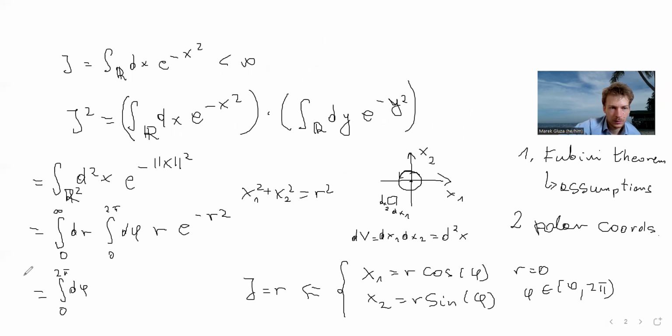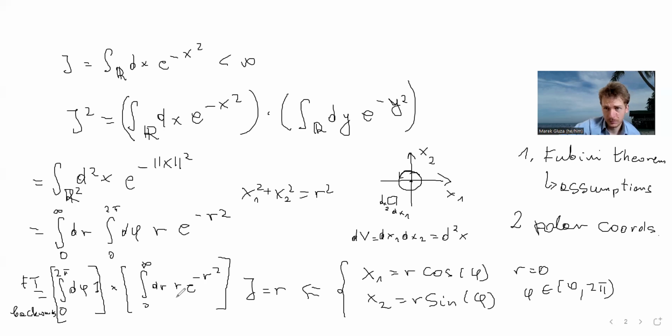So now using Fubini's theorem backwards, and again, in principle, you have to say that you're using Fubini's theorem backwards, and then times the integral from 0 to infinity dr r e to minus r squared.